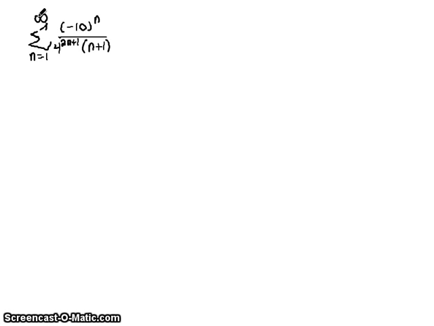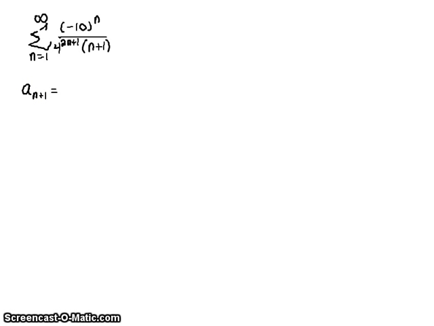So what we want to do is think about what we need for the ratio test. We need a sub n, which we have, negative 10 to the n power over 4 to the 2n plus 1 times n plus 1. But we also need a of n plus 1. How we're going to find that is we're going to take n plus 1 and put it everywhere we see an n in our original problem.